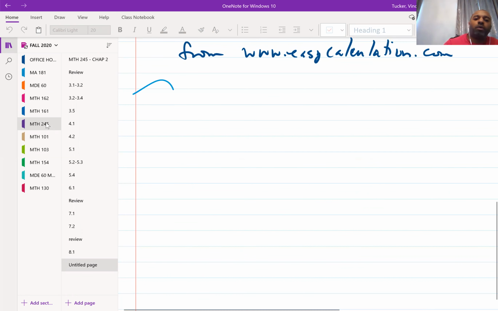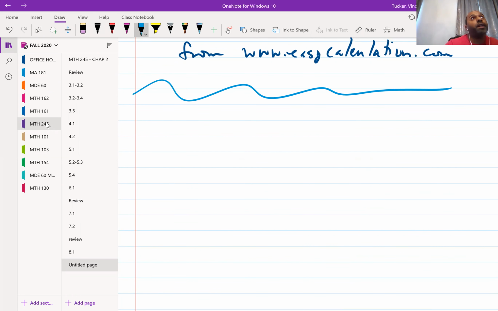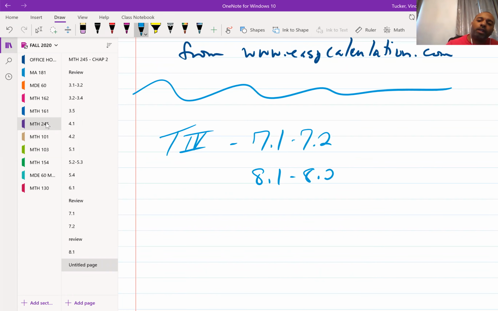All right, so where we are at this point is that we're looking at test four, the last test that we'll be trying to take, covering 7-1, 7-2, 8-1, and 8-2.